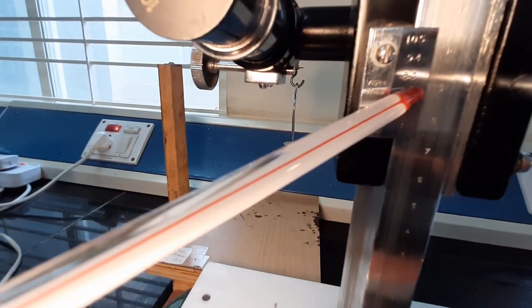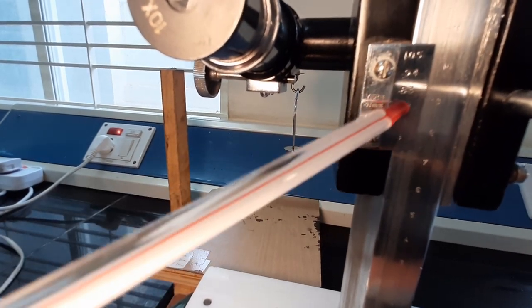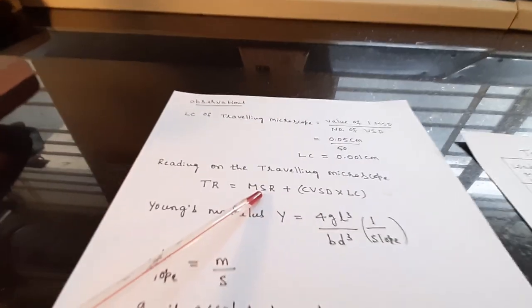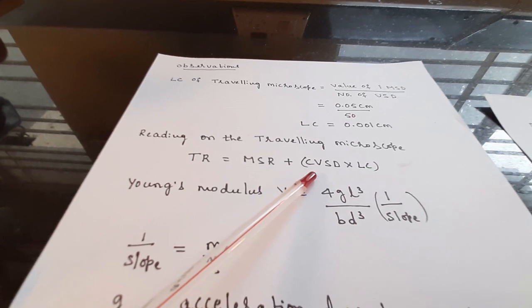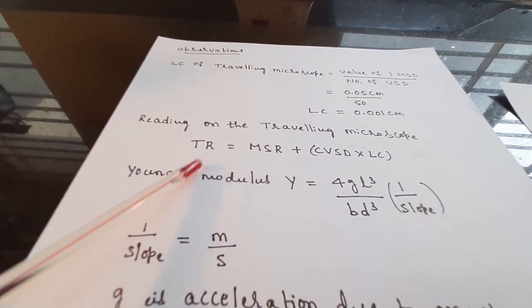It is just a number, it doesn't have any unit. So the total reading is equal to main scale reading plus coinciding vernier division into least count. You will get the total reading.